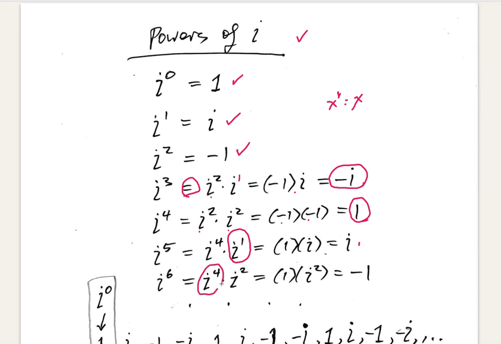That's going to be i to the fourth times i squared. i to the fourth is 1. Multiplying by 1 doesn't change whatever you're multiplying. So i to the sixth is the same as i squared. i squared is negative 1. So there you go.